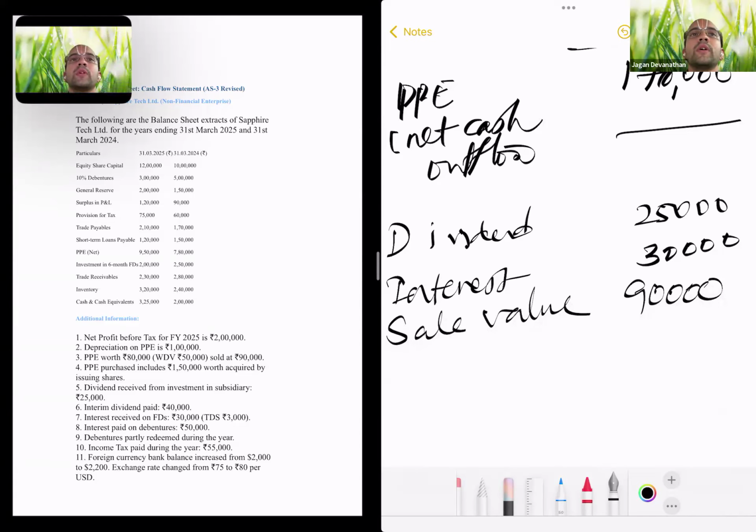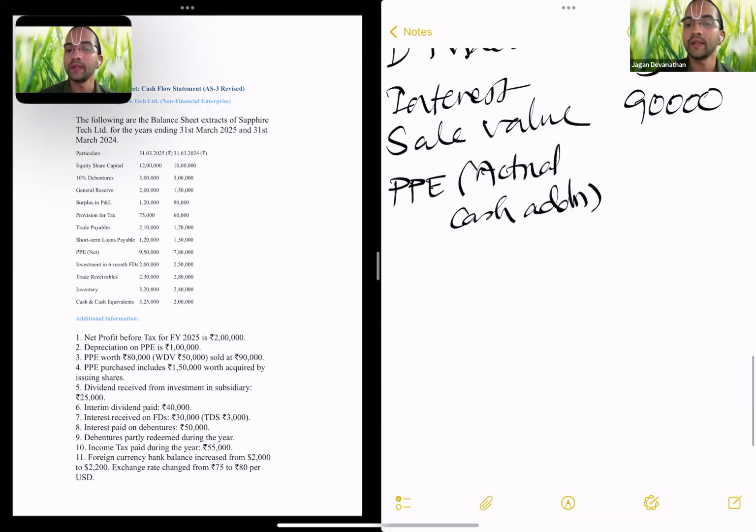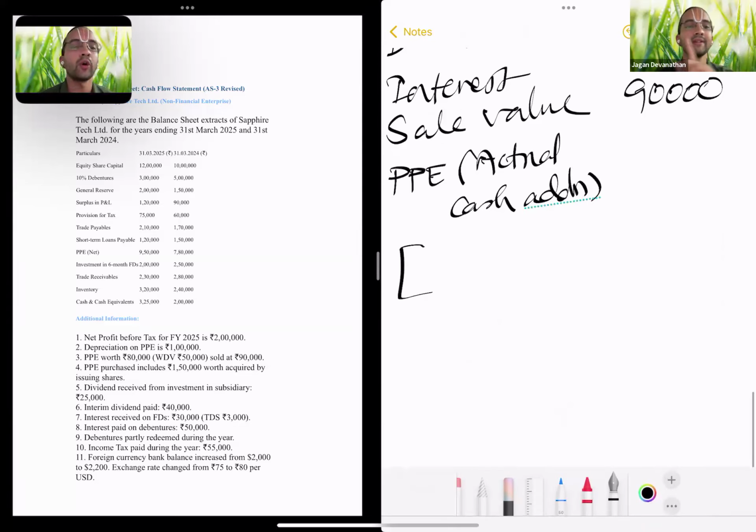Okay, now the net cash, what is 1,70,000, right? So the net cash involved, the change, was 1,70,000. Now the most important thing: whatever we discussed for PPE, the actual cash addition will be calculated based on the difference between the addition from last year to this year.